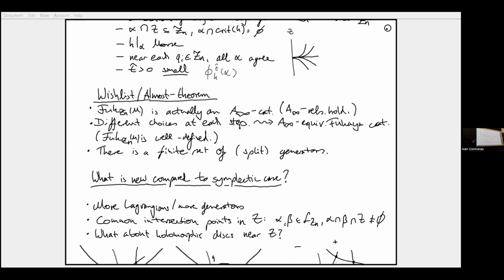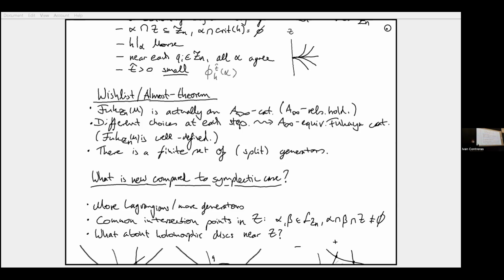So the first thing, of course, is that the resulting construction should actually be an A infinity category. So in particular, these A infinity relations for the operations that count polygons need to hold. Then, making different choices at each step, for example choosing a different collection of Lagrangians with the same intersection point with Z, should not substantially change the category.